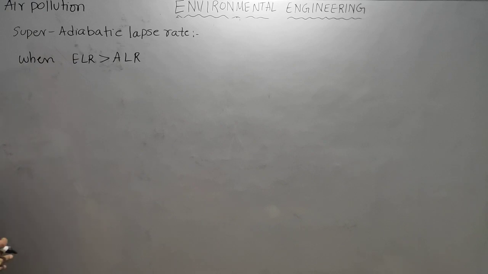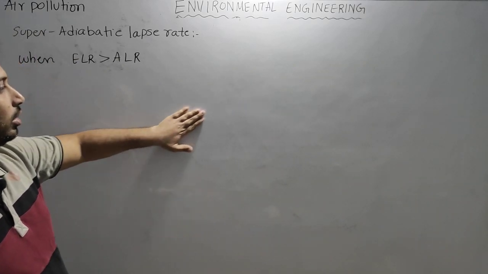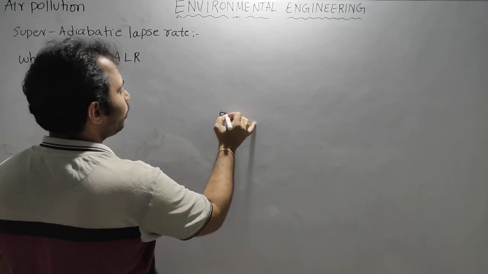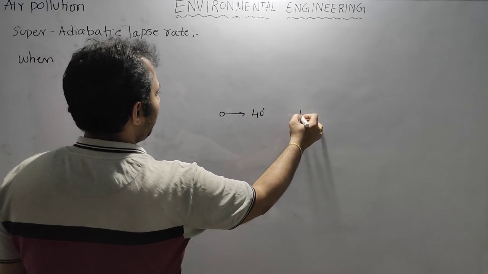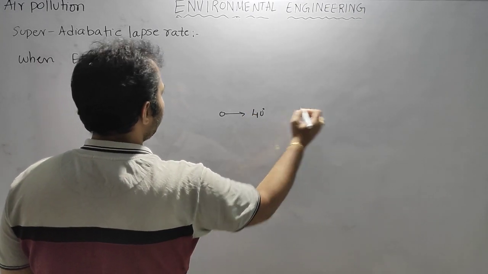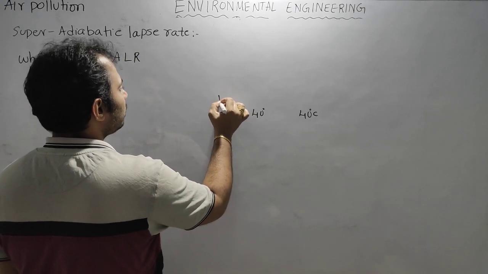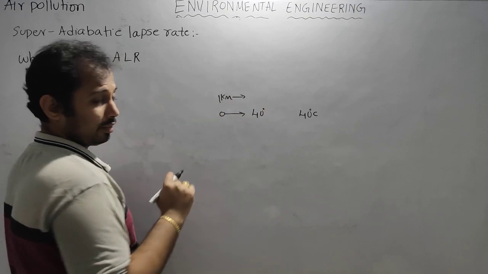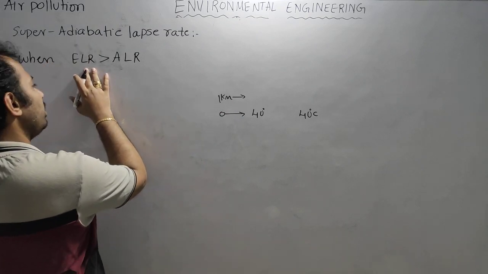That means, for example, at zero altitude, the environment is at 40 degrees and the pollution parcel is also at 40 degrees. So after 1 kilometer, the lapse in the environment is 10 degrees, or 15 degrees. So environmental lapse rate is more than ALR.